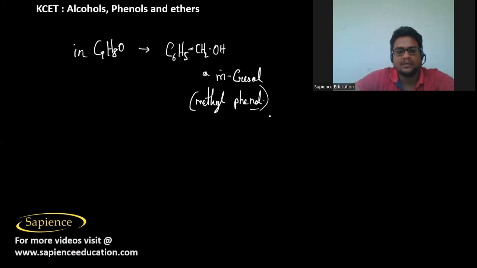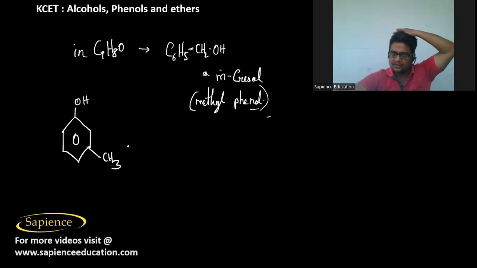Meta cresol means it is CH3 and here OH. Sorry, C6H4 it means.